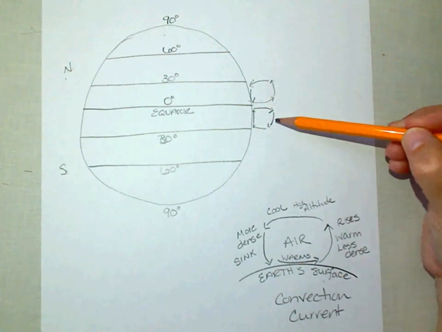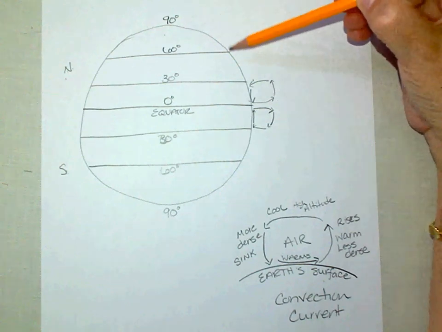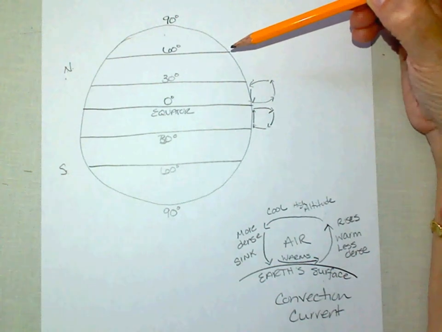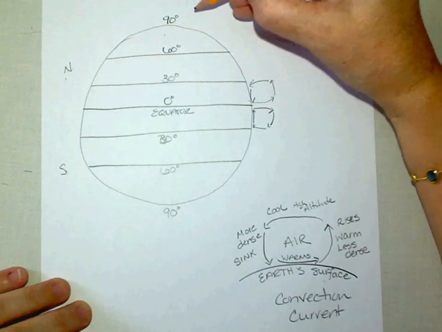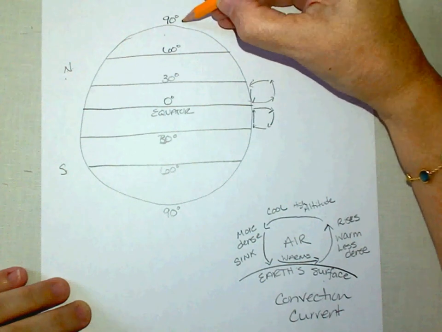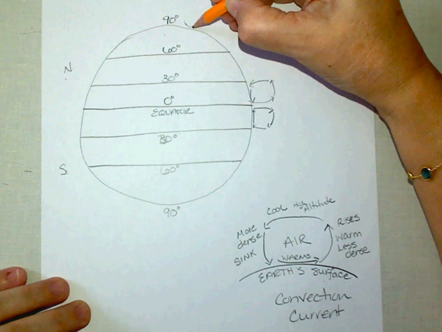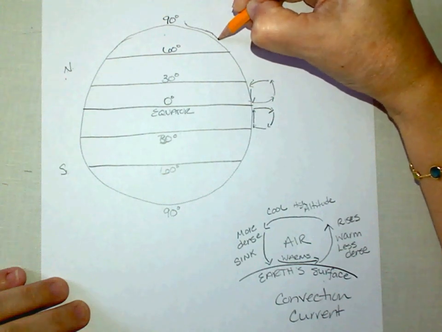Let's look at these cooler areas. Okay? Much cooler areas. All right. So as this cool area is coming up, it's going to come down this direction. And as it moves across the Earth's surface, it's going to start to warm up.